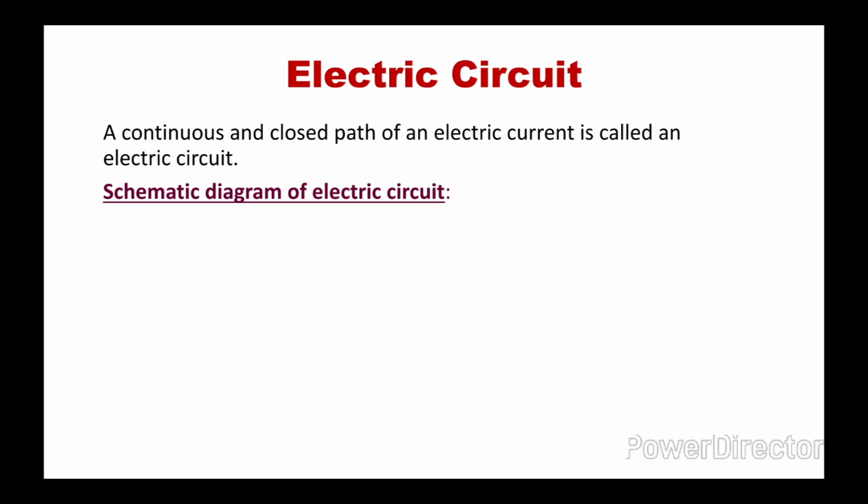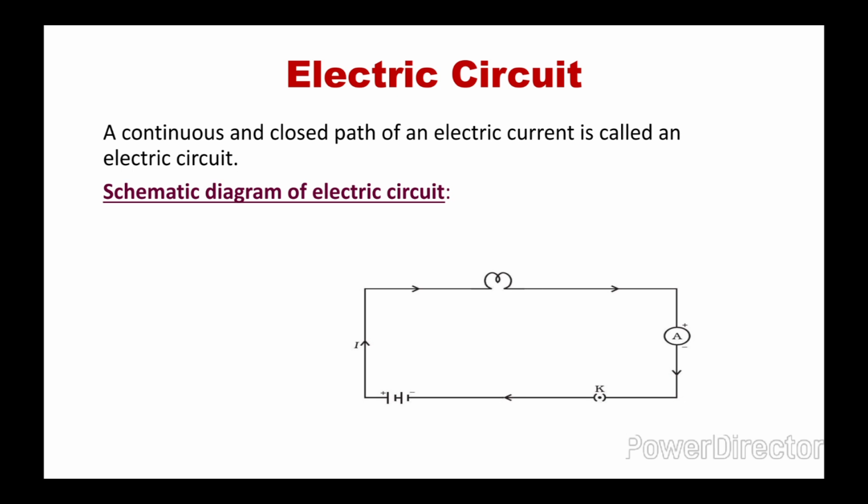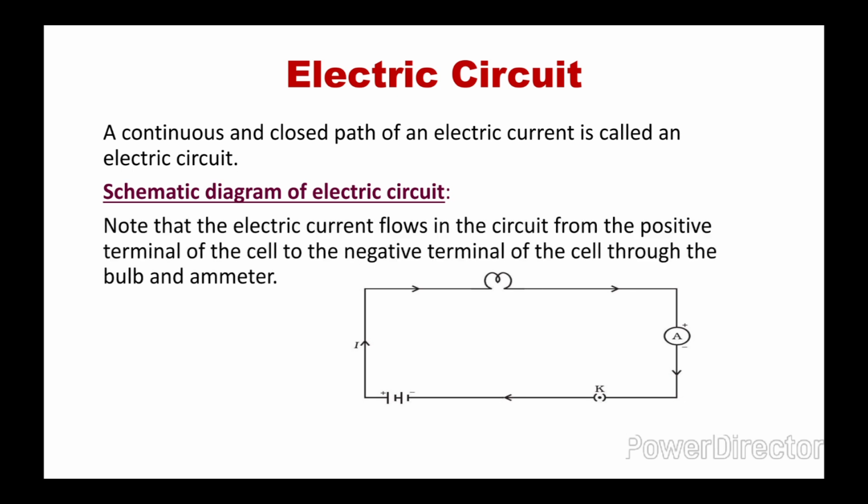Now we shall see a schematic diagram, or the simple diagram, of an electric circuit. It consists of a bulb, ammeter, key and a cell. Here you must know that the current will always flow from the positive terminal to the negative terminal in an electric circuit.